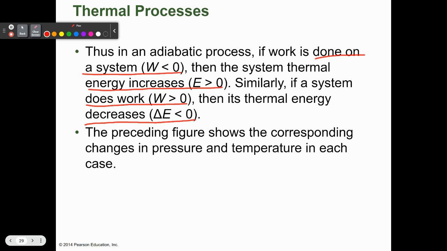So for an adiabatic process, if the work is done on the system, that means work is less than 0, work is a negative number, and so the system's thermal energy will increase. If the system does work itself, then its work is positive, and so its delta E, its change in energy, would be a negative number, less than 0.